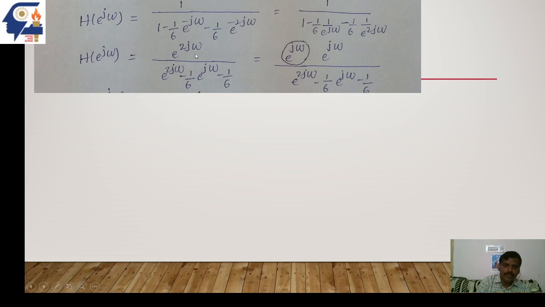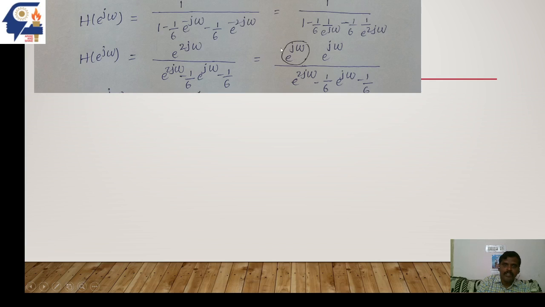So always, if it is a Z transform or DTFT, try to convert the numerator part as e power j omega into e power j omega. If it is e power 3 j omega, that will become e power j omega into e power 2 j omega. Split e power 2 j omega as e power j omega into e power j omega. Bases are equal, when you add the powers, you get the same thing.